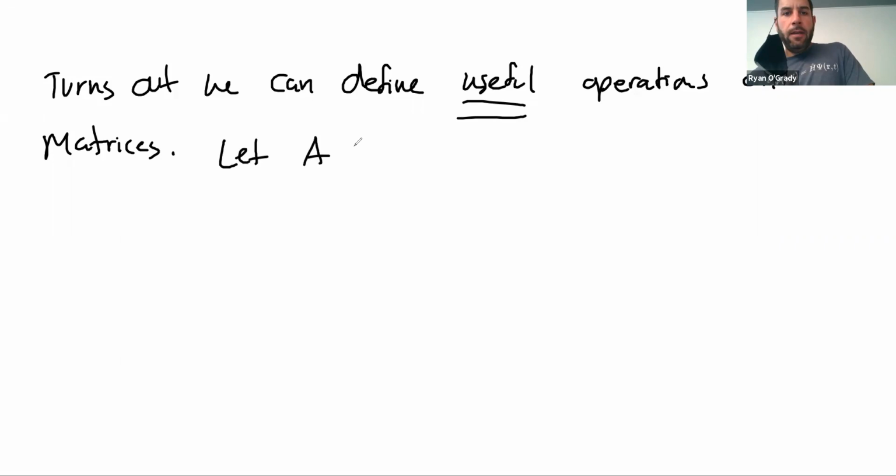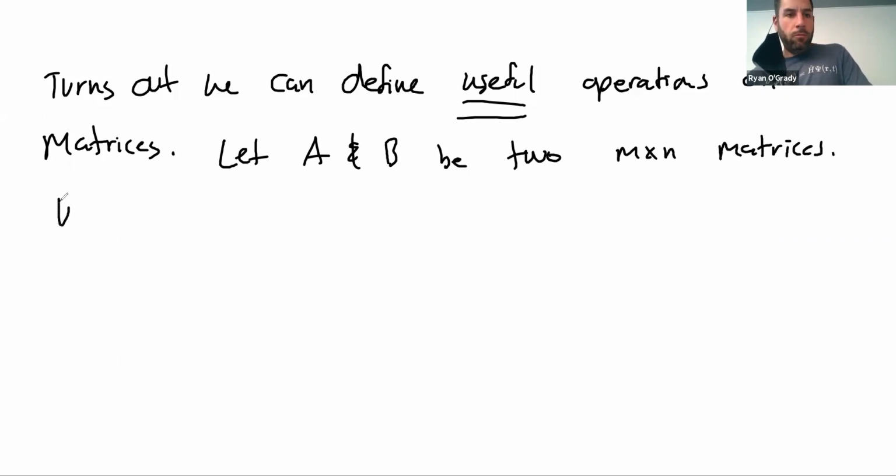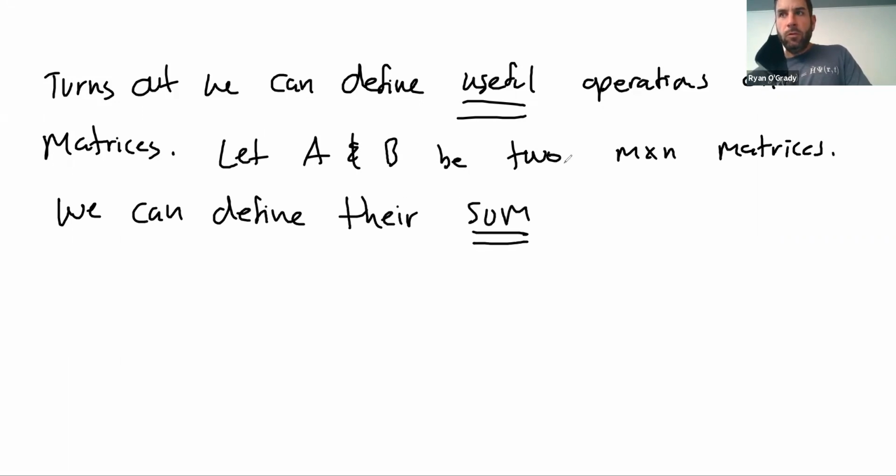So let A and B be two M by N matrices. We can define their sum by adding entry-wise.